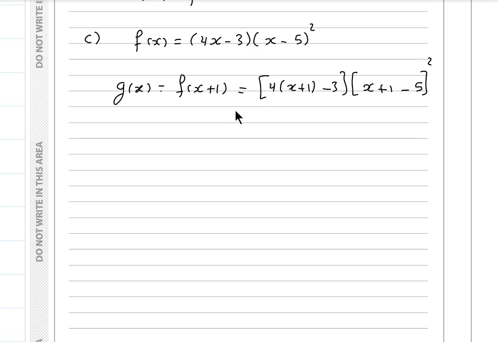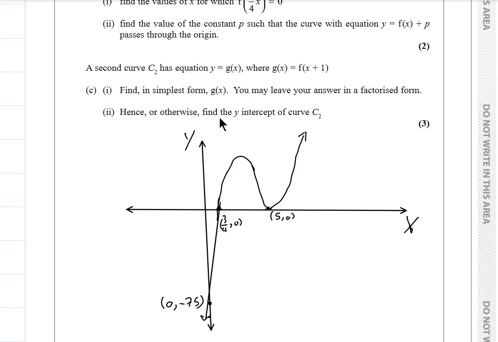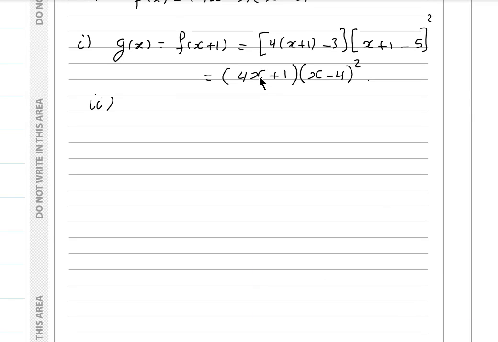If we simplify it, it will be 4x plus 4 minus 3, which is plus 1, multiplied by x minus 4 all squared. Hence or otherwise, find the y-intercept of curve C2. Put x equals 0 here, and then it will be 1 times negative 4 all squared, 1 times 16. So I can write g of 0 equals 16. This is the y-intercept.